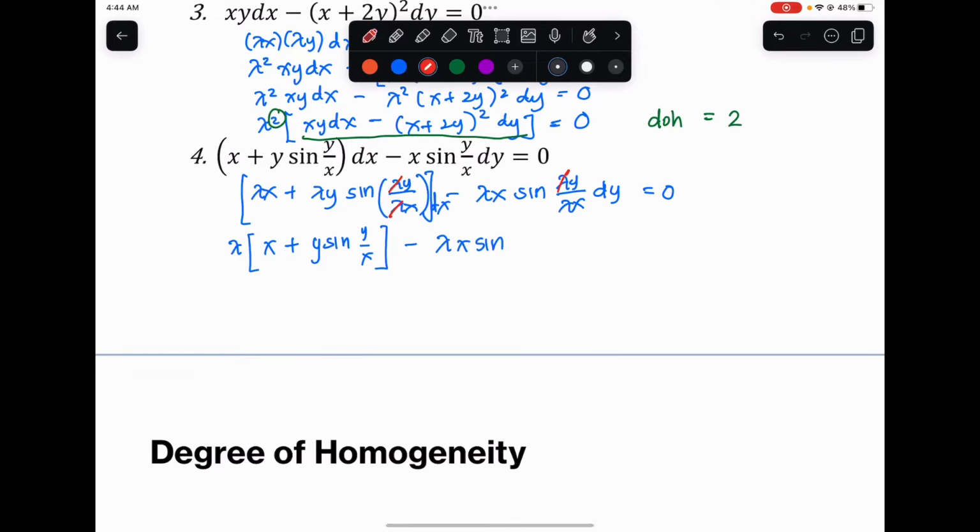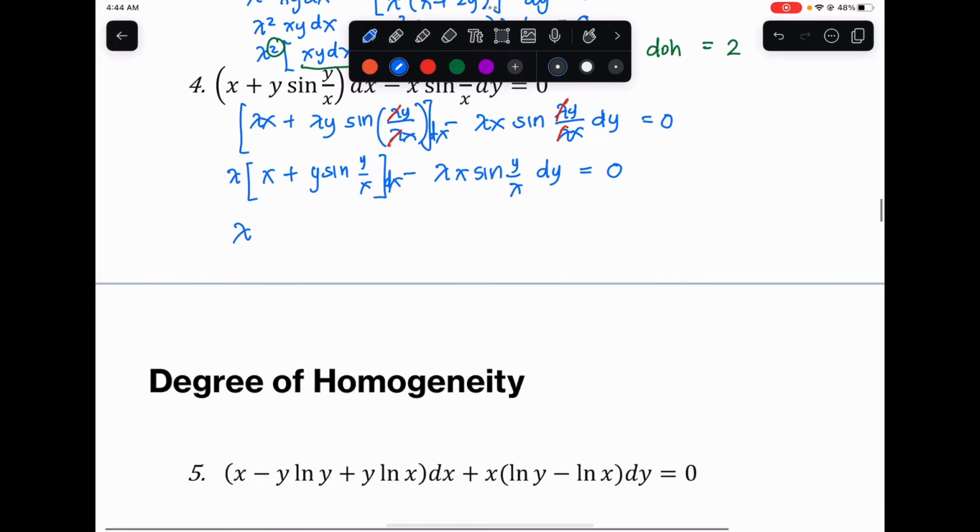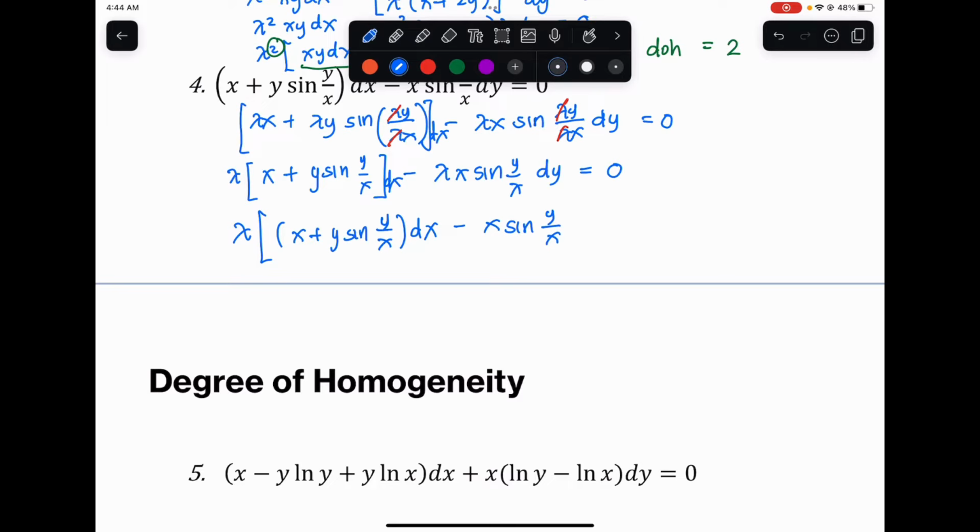Again, lambda and lambda would be cancelled out, so y all over x dy is equal to 0. So we can factor out lambda, giving us x plus y sine y over x dx, and minus x sine y over x dy is equal to 0.